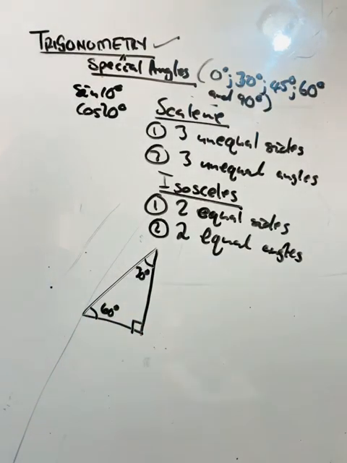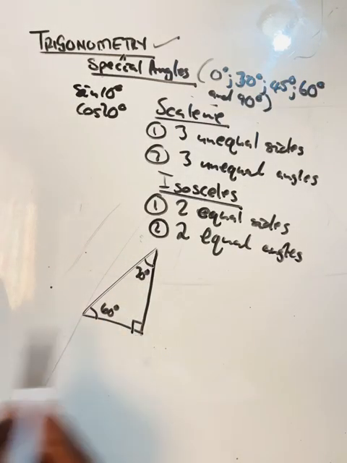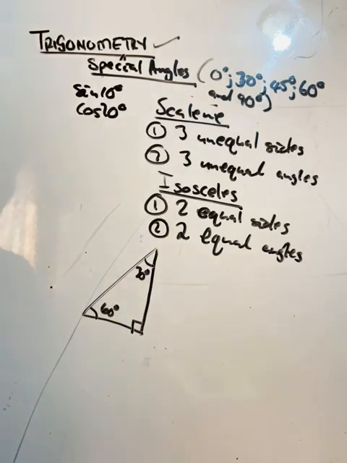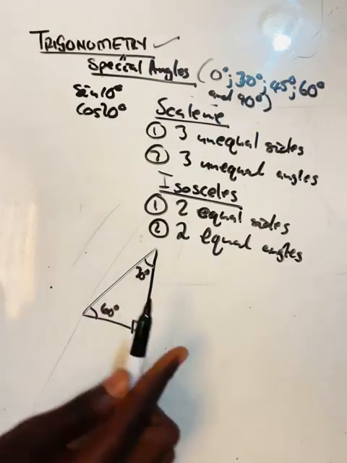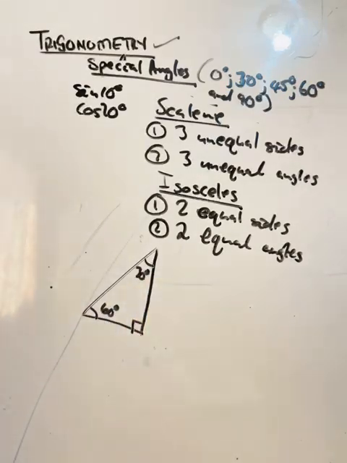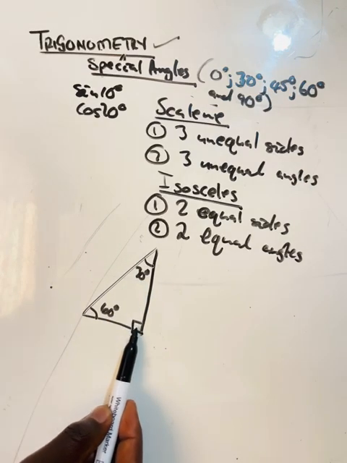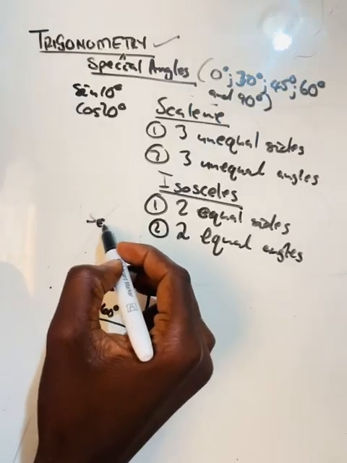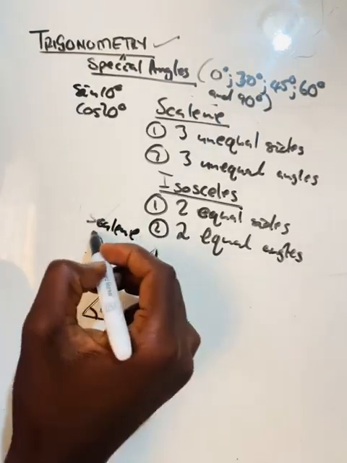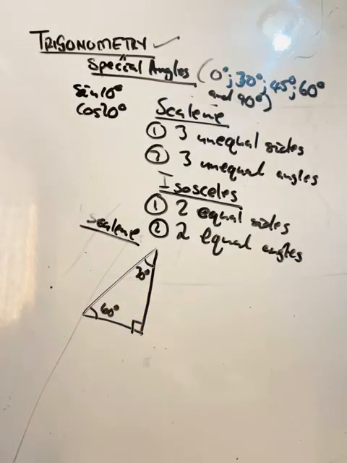Amongst these 3 angles, there is not even a single angle which is equal to the other. So your 30, 60, 90 degrees triangle, this is what we call the scalene triangle. And if the 3 angles are not equal, it means that these 3 sides are also unequal, right?